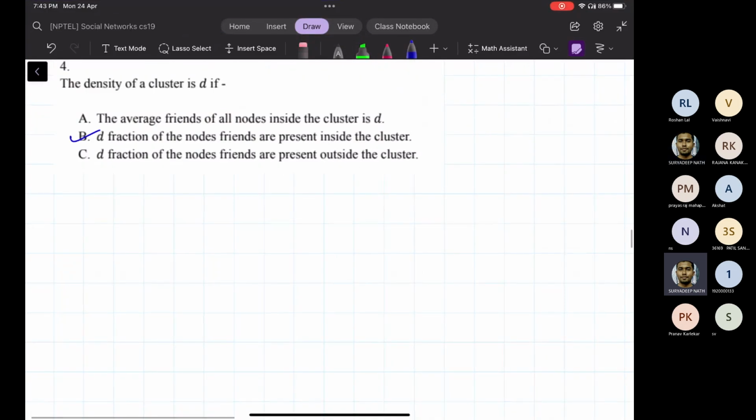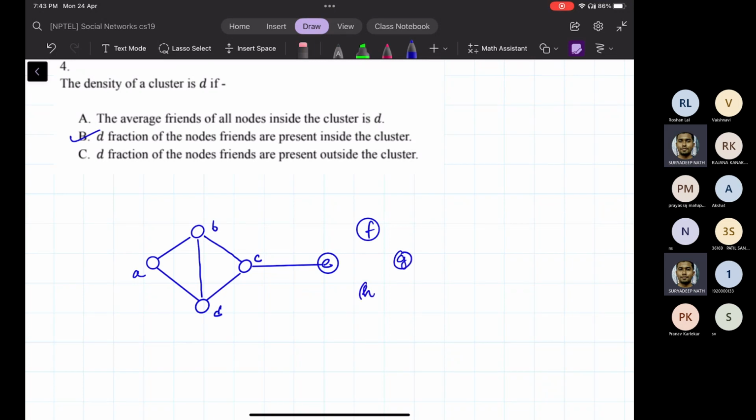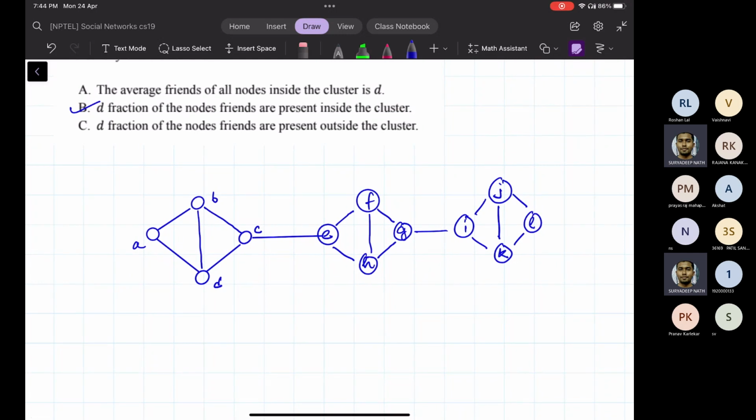It looks like this: A, B, C, D, and E, F, G, and H. We have to find the cluster density of the four node cluster.